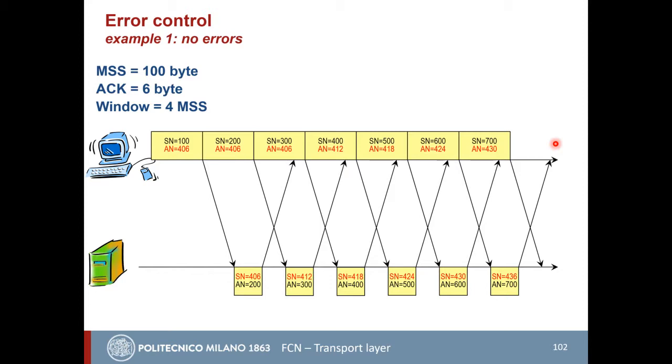Usually the window is measured in bytes, okay? But especially in exercises, once you know the maximum segment size, it's very useful to translate the window size from bytes to number of MSS, because then everything is quantized in terms of MSS.